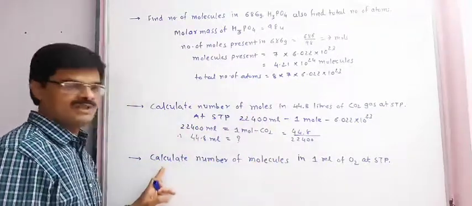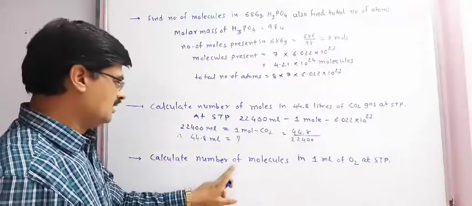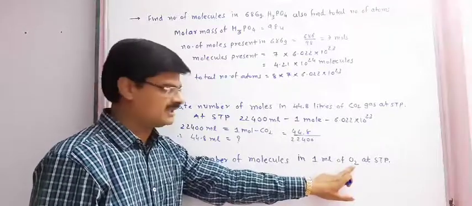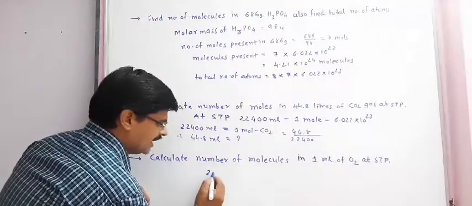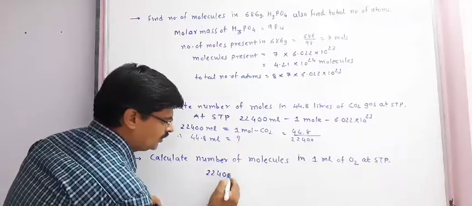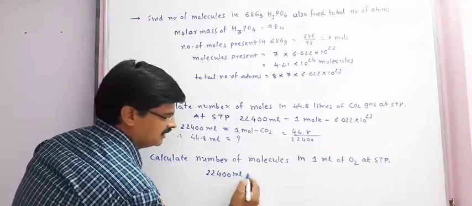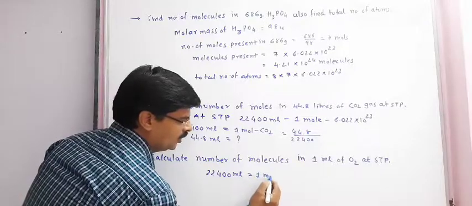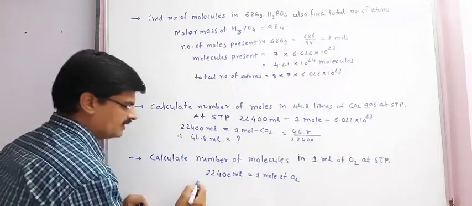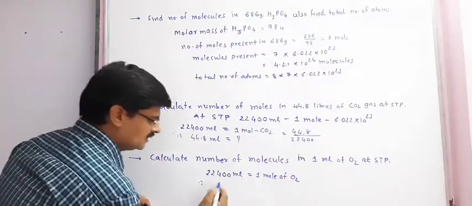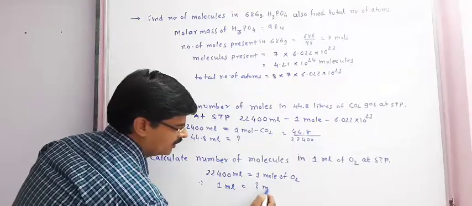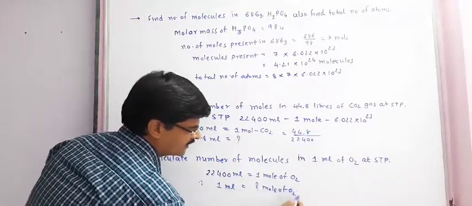Same way, in the next question, we have to find out the number of molecules in 1 ml of oxygen at STP. So again, STP means standard temperature pressure. 22400 ml is equal to 1 mole of oxygen. Therefore, 1 ml is equal to how many moles of oxygen?